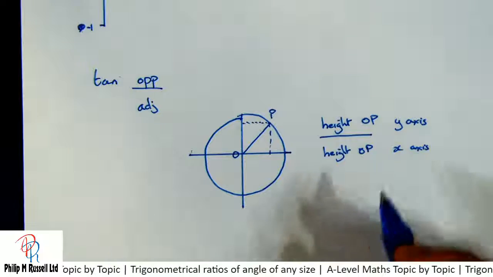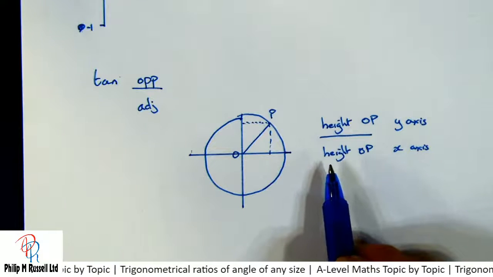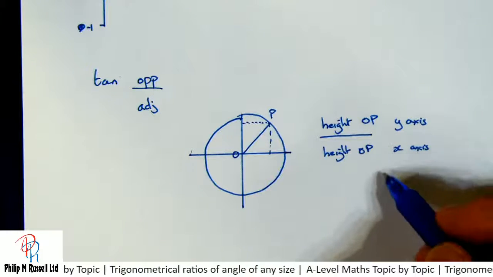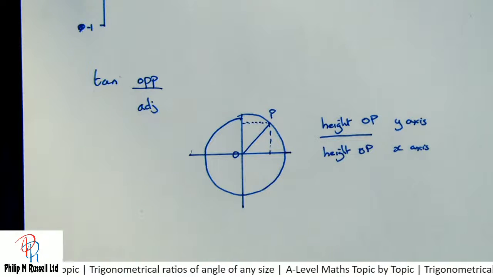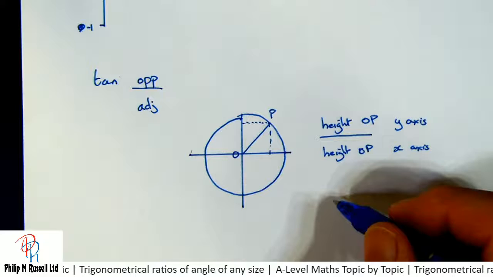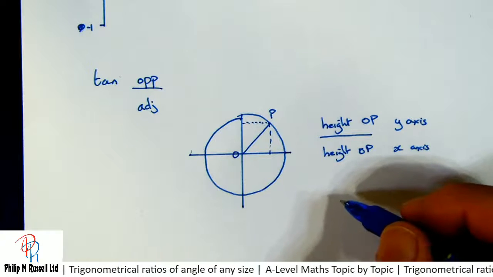Now at certain points here, the projections of these things are going to become very large, and we're going to reach something we're going to call an asymptote as we try and do this.